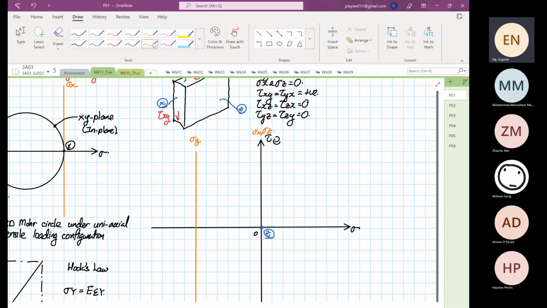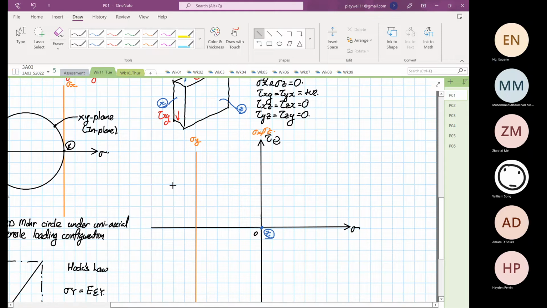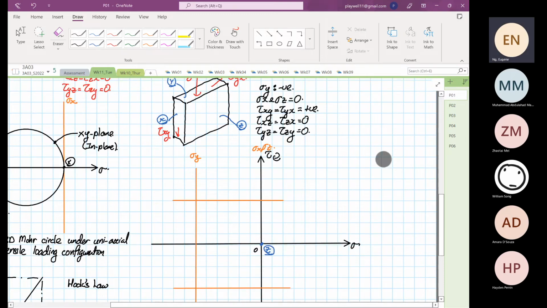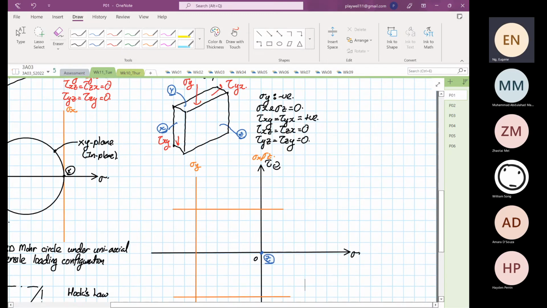Again, this is our shear, and then this is also our shear. Based on element rotation, point Y, the element will be going clockwise based on this shear over here.